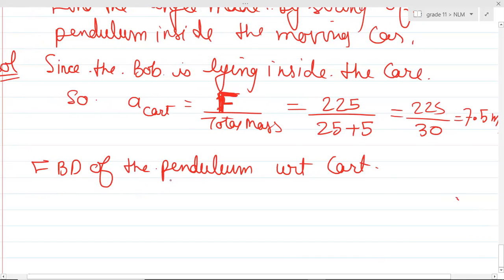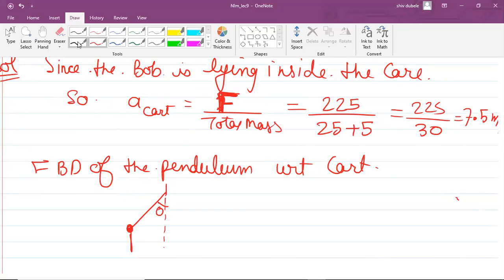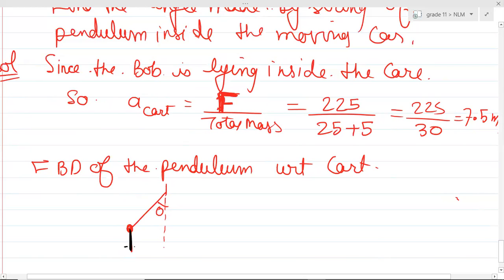So if I draw the free body diagram of the pendulum at this equilibrium stage, it will be something like this. This is the pendulum, this is the bob. There will be mg acting on this thing. There will be a pseudo force acting on this thing. And what is that pseudo force?